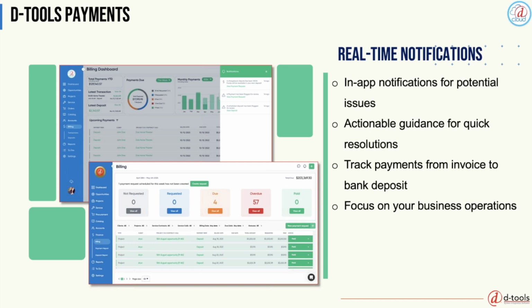Now, when it comes to that, we're going to be able to provide all of the notifications directly inside of the platform, making sure that you're not receiving notifications from any sort of third parties, maybe like a Stripe or anything else like that. Everything's going to be familiar to you. Everything's accessible directly through your D-Tools Cloud account.